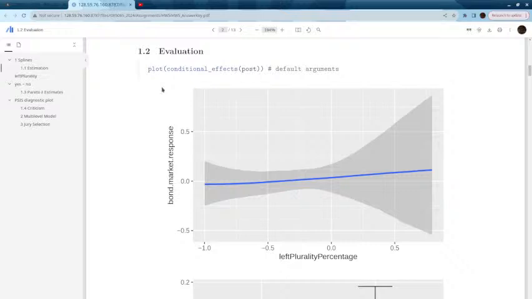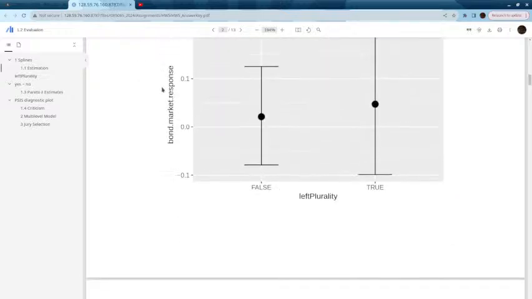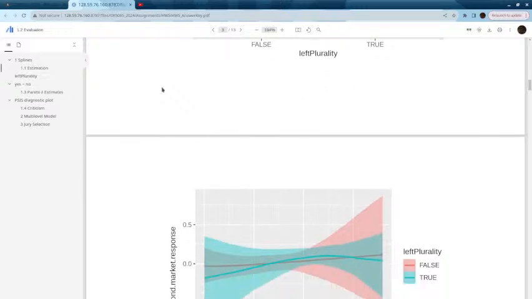If you don't specify anything, it just sets the variables not being plotted to their averages. The average in the data of left plurality percentage is close to 0, but it's not exactly 0. So the second plot almost tells you what you want to know, but not quite. So that's that one there.